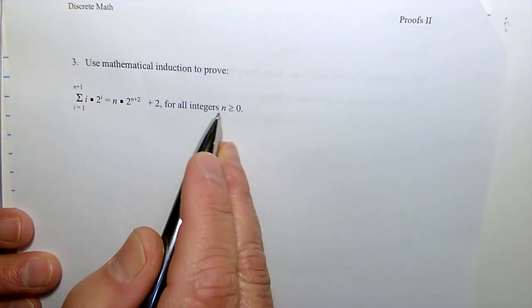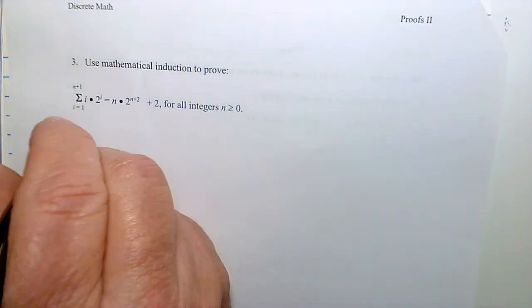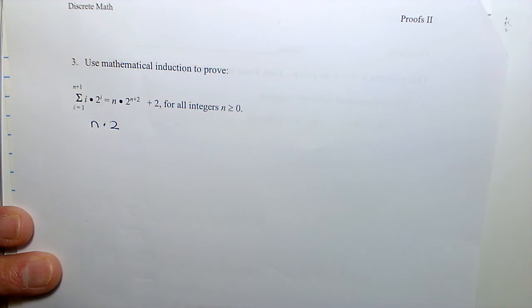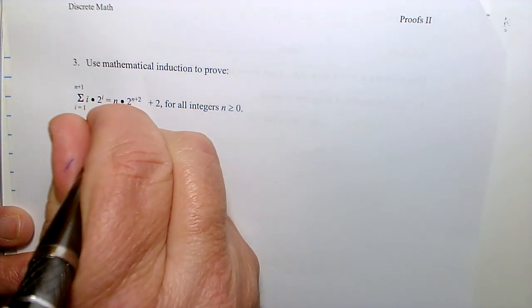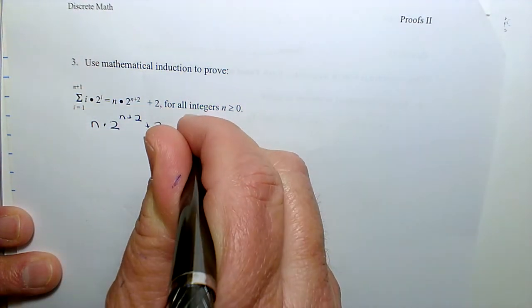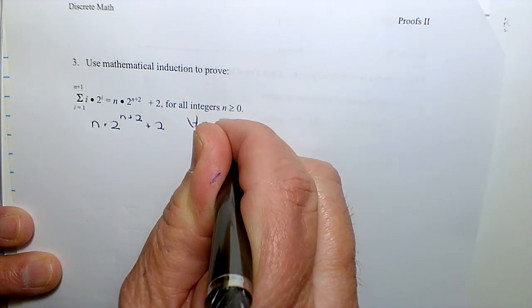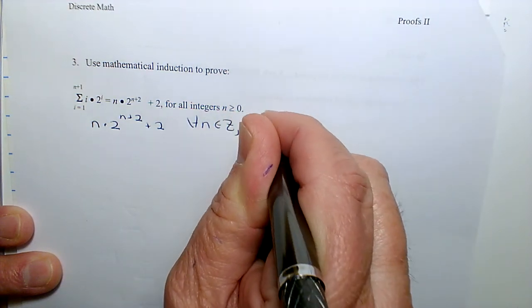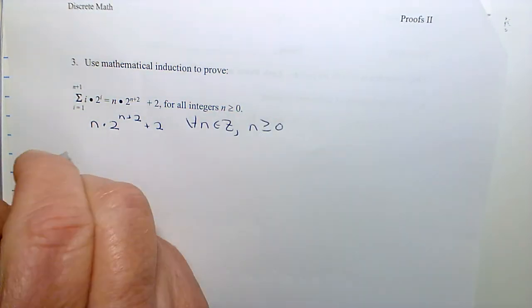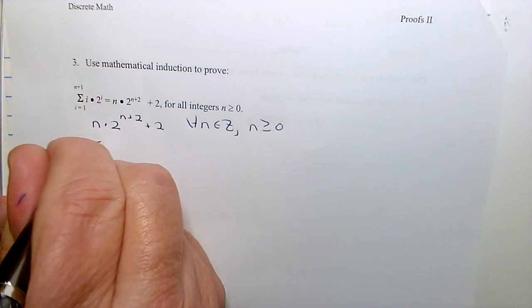Now let's look at the right-hand side of this expression. Notice it says that it's n times 2 to the n plus 2, plus 2, and it says it's for every n that's an integer starting at 0. We saw how the starting at 0 was important before. So what's the first case?